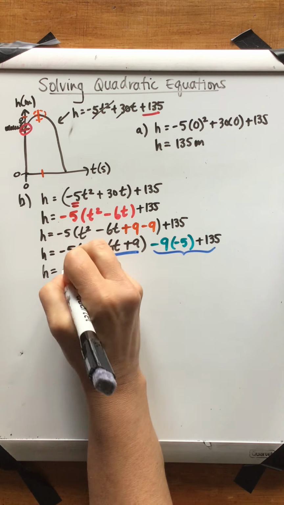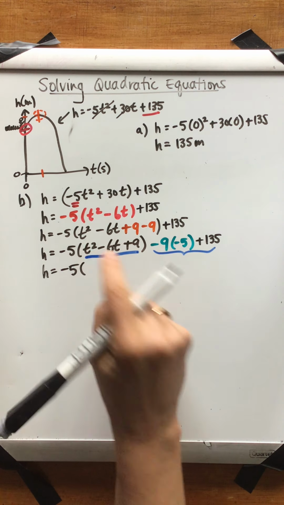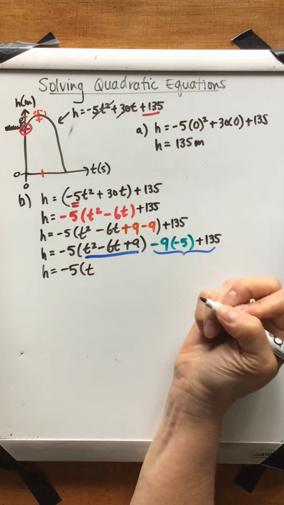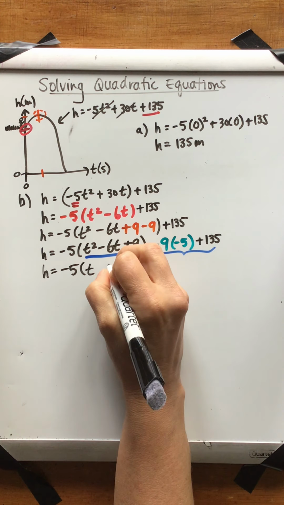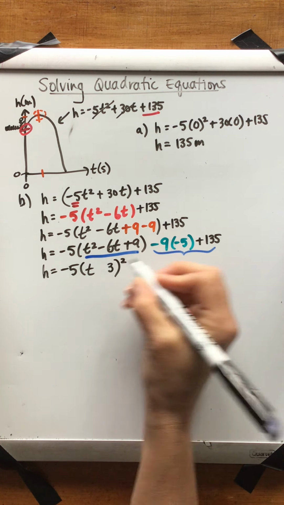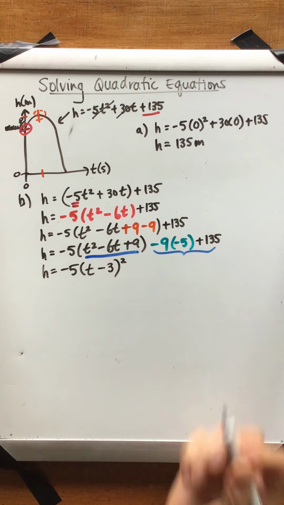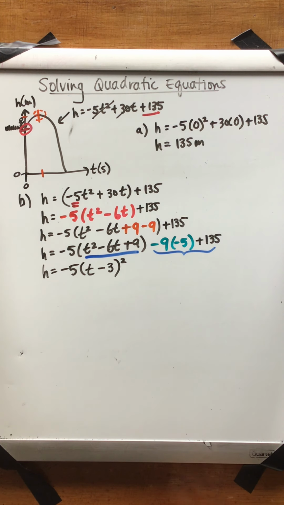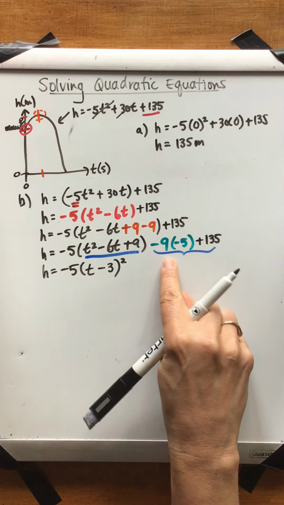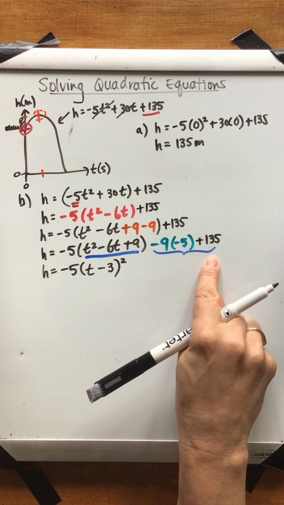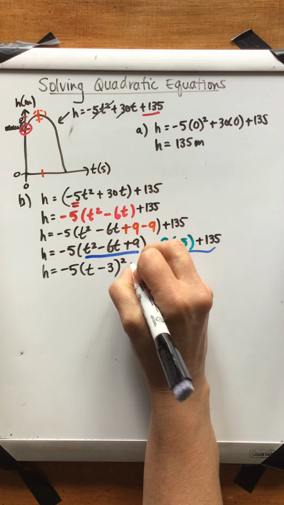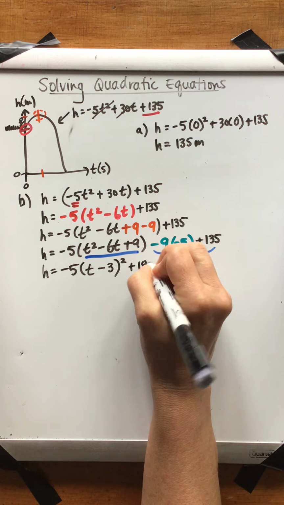So to factor the PST, we can take the square root of t squared, which is t, the square root of 9, which is plus or minus 3. We're going to choose to make it negative because of the value of b in that PST. And then out here I have 45 and 135, which takes me to 180.